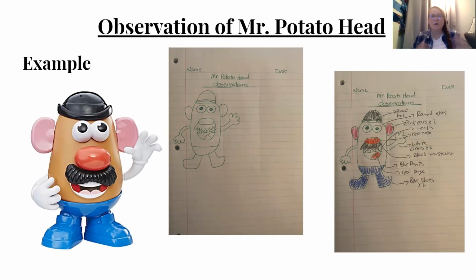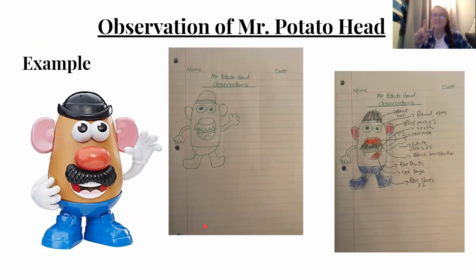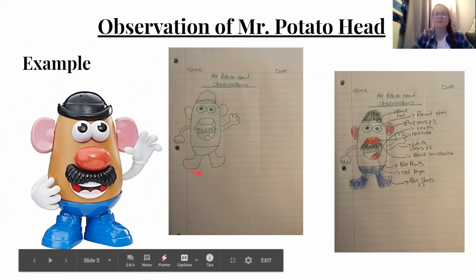Now, we do this in 2 to 3 steps, depending on what you want to do. Step 2 is optional. So I see the picture that I'm given right here. This is the Mr. Potato Head I'm observing. My step 1 is going to be draw Mr. Potato Head. Draw the thing I'm observing.